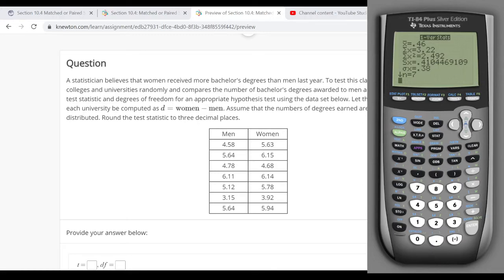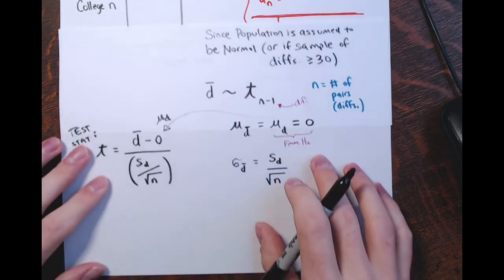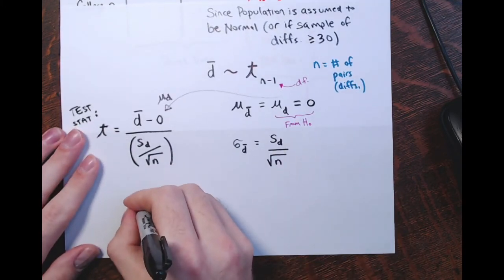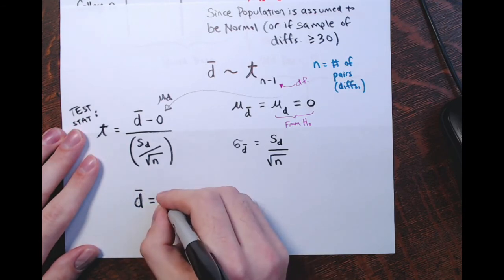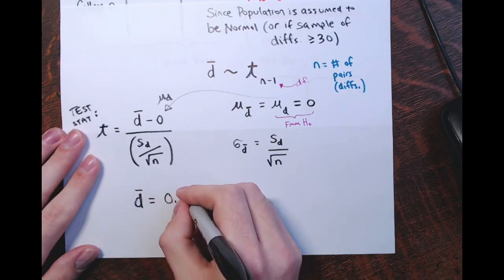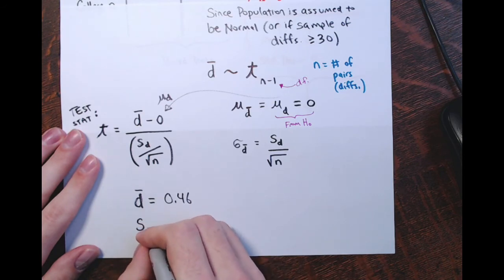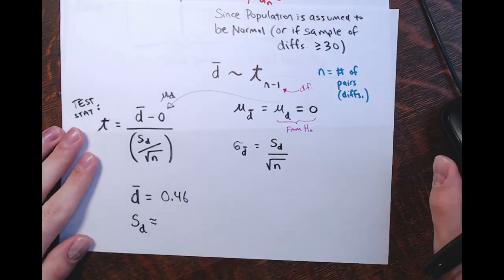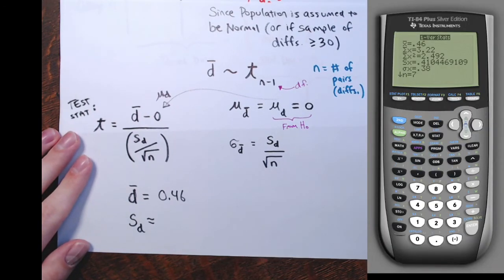So pull up some paper here again. So on the calculator, I found D bar, the sample mean of all those differences, is 0.46. And then the standard deviation of all those differences, and pulling the calculator up, now be careful, not sigma x.